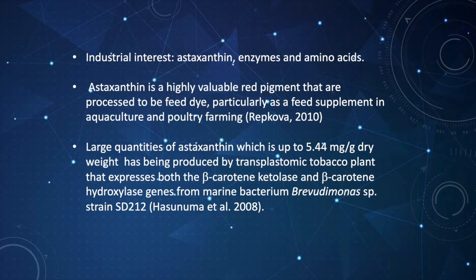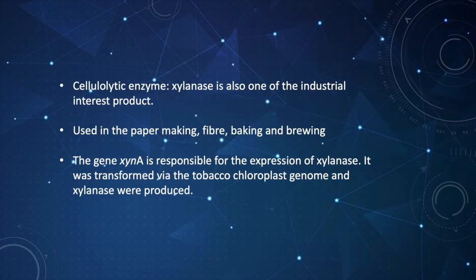mg per gram dry weight, have been produced by transplastomic tobacco plants that express both the beta-carotene ketolase and beta-carotene hydroxylase genes from the marine bacterium Brevundimonas species strain SD212. The second is to produce a cellulolytic enzyme, to be precise, xylanase.